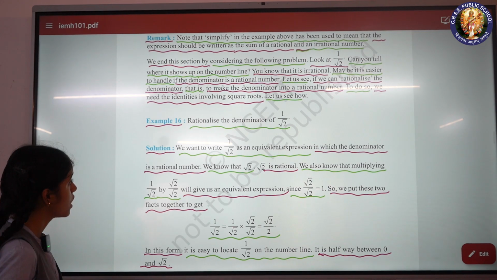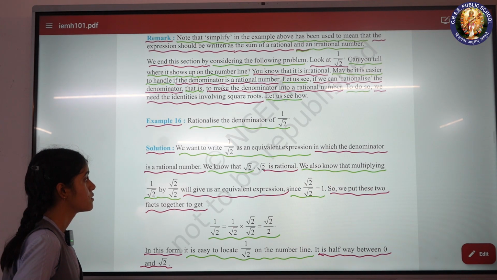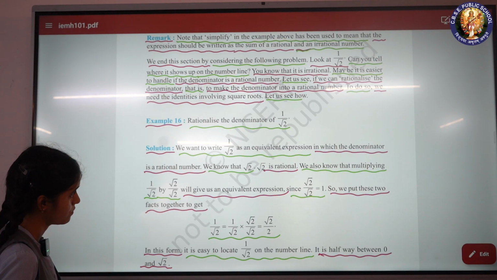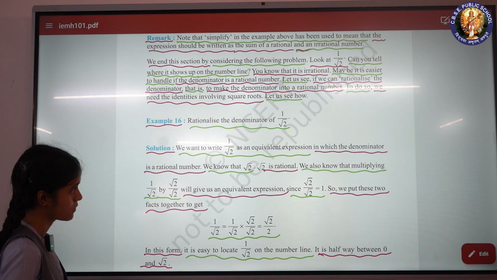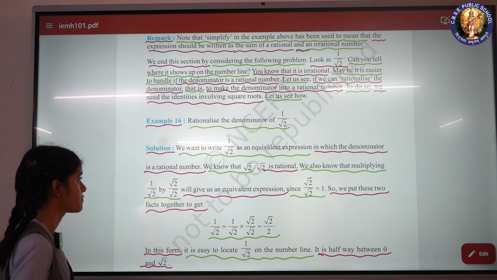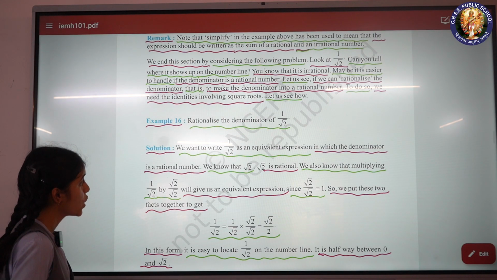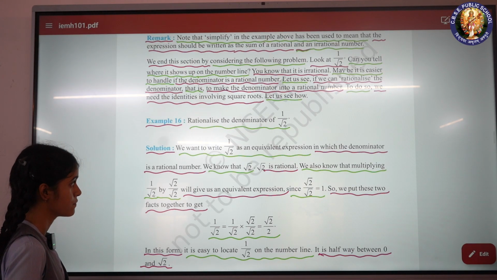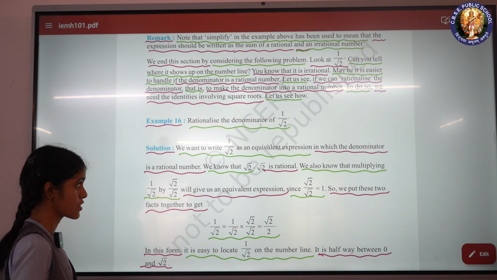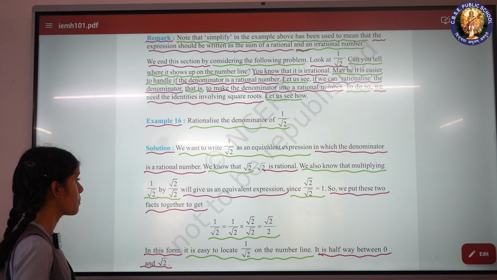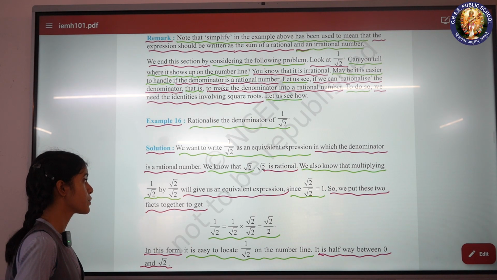Solution. We want to write 1 by root 2 as an equivalent expression in which the denominator is a rational number. We know that root 2 is irrational.